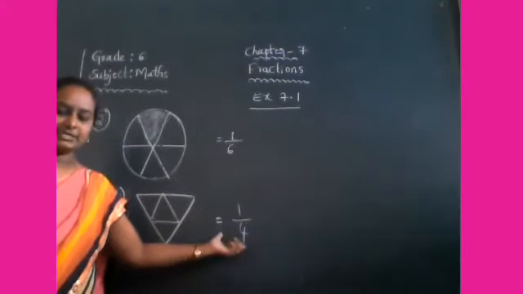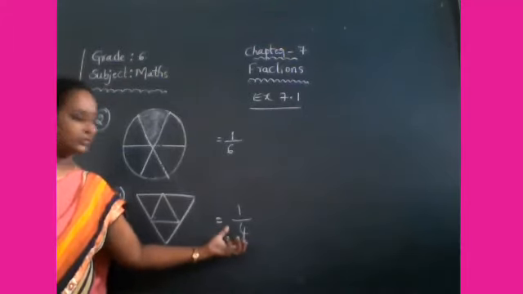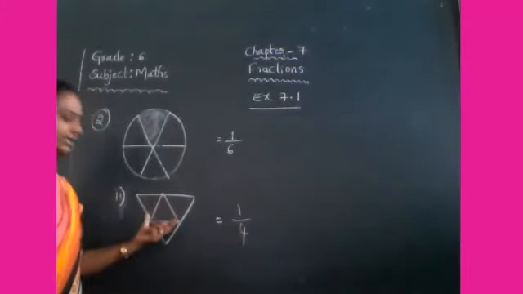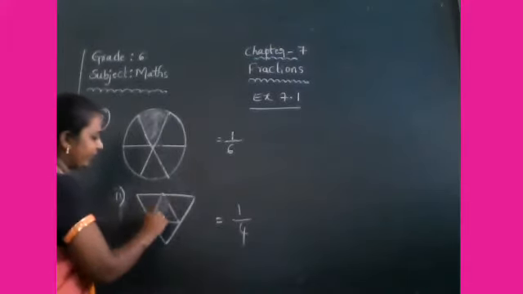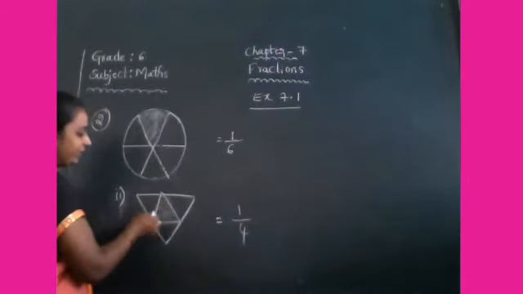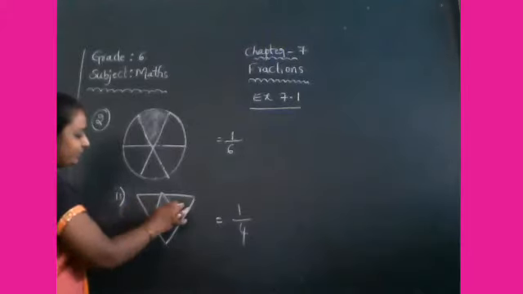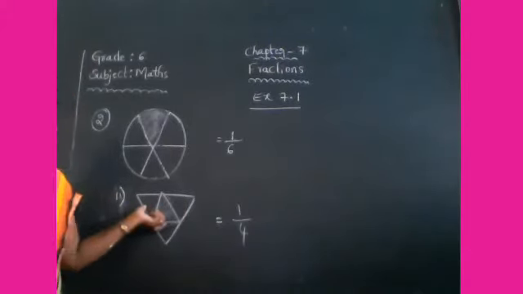And it is divided into how many equal parts? 4 equal parts. Those 4 equal parts denote the denominator. So here you can shade any part. Now I have applied the color here. Wherever you like, you can apply the color.